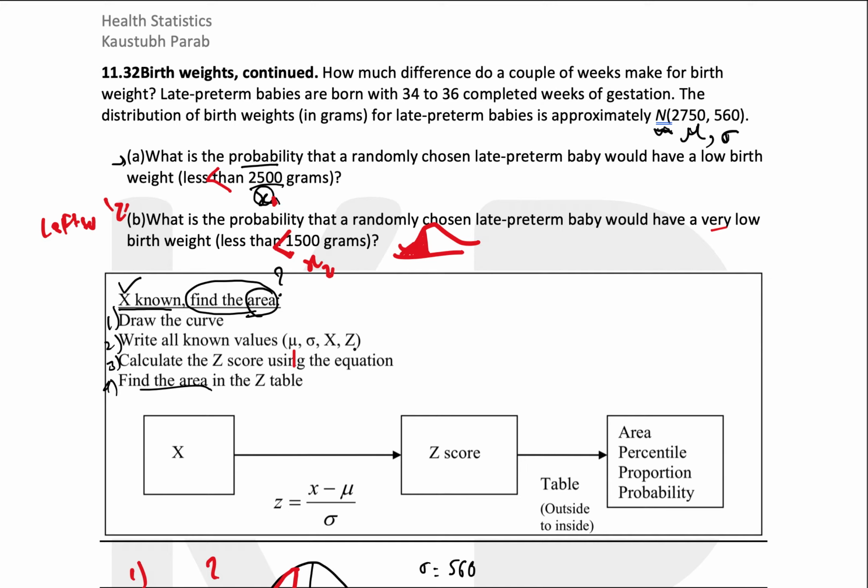If z is not given, calculate the z in the third step, and then from that z, find the area using the z table. That's nothing but table P. So from x, find the z, making use of the z formula, then make use of the table, from outside to inside, and find that corresponding area, percentile, proportion, probability, all same.